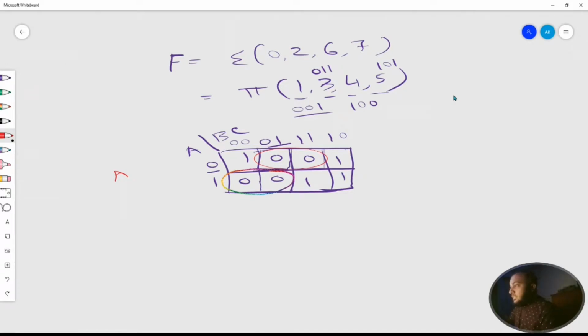So we will take just A because it is only in the first row, and see the red group is covering the second and third column, and in the second and third column we can see C has not changed. C is remaining the same in the two columns and it has remained 1. So we will take C prime because C hasn't changed and C is 1.